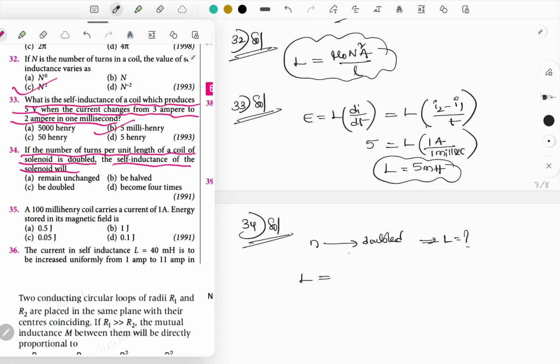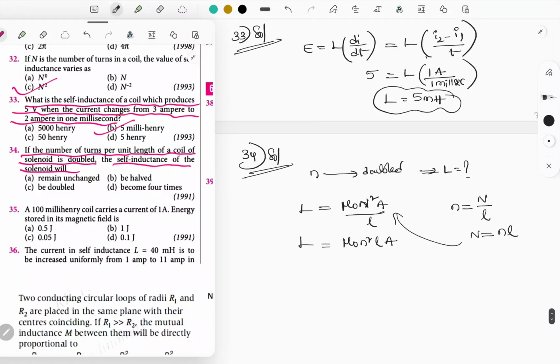Let's see, L is equal to mu naught N square A by L, right? Let me replace small n is equal to N by L, and capital N is equal to n into L. Then L is equal to mu naught n square L into A, because the denominator L will get cancelled out.